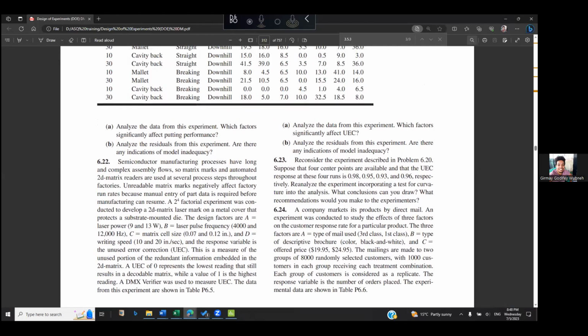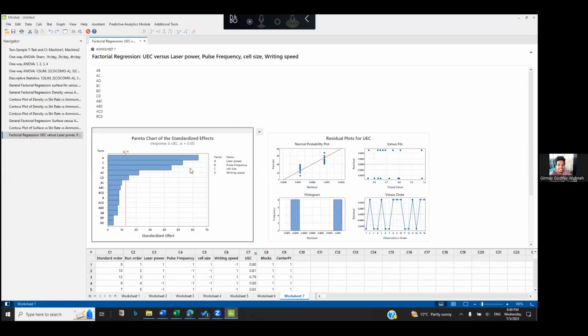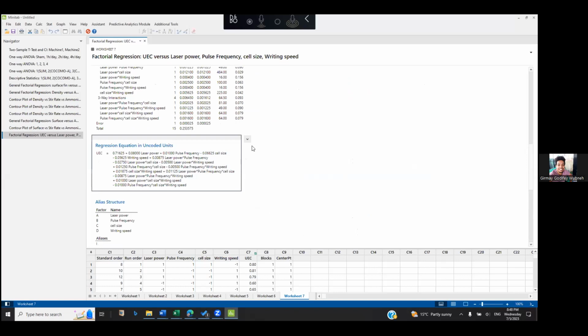Analyze the data from the experiment and determine which factors significantly affect the response, from the equation.